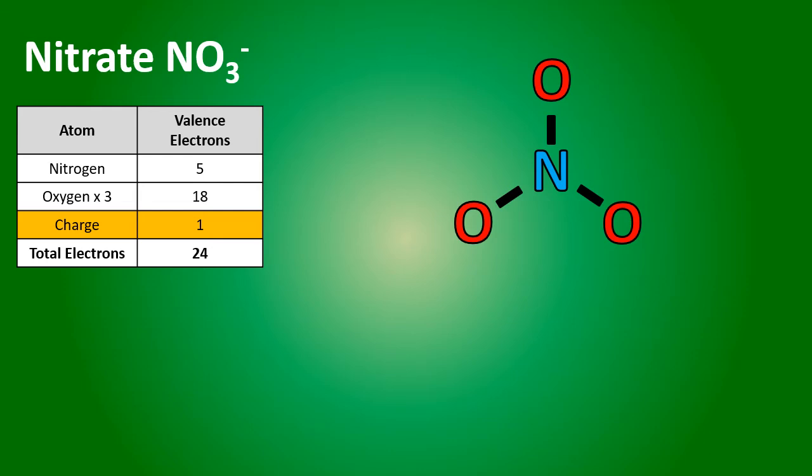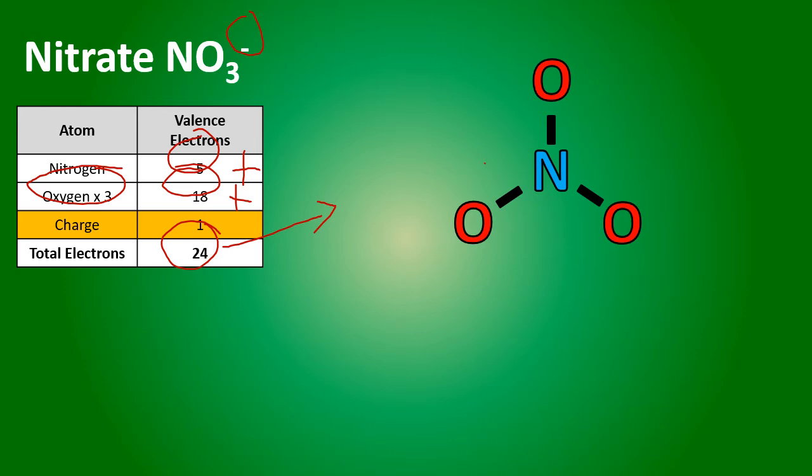However, we've got NO3 minus, so we've got 1 nitrogen of 5, 3 lots of oxygen, so 3 lots of 6, that's 18. We've got 1 minus charge, so we need to add a 1 onto it. So 5 and 18 and 1 gives us 24. So we've got 24 electrons to put around the atoms in that molecule.